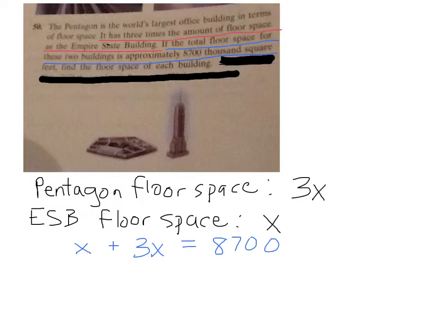So there's our equation, and to solve this, combine the like terms, an expression that I really can't stand, but I used it, and we've got 4x is equal to 8,700, and I'll continue on the next slide.